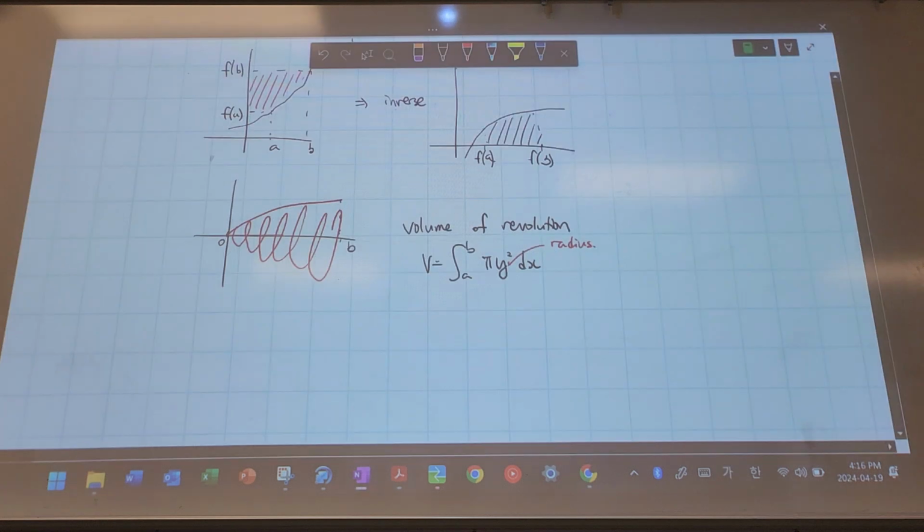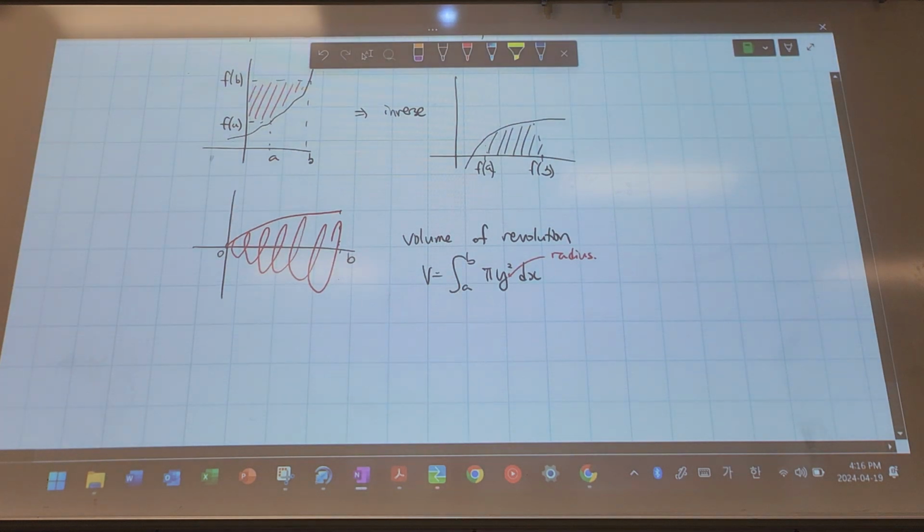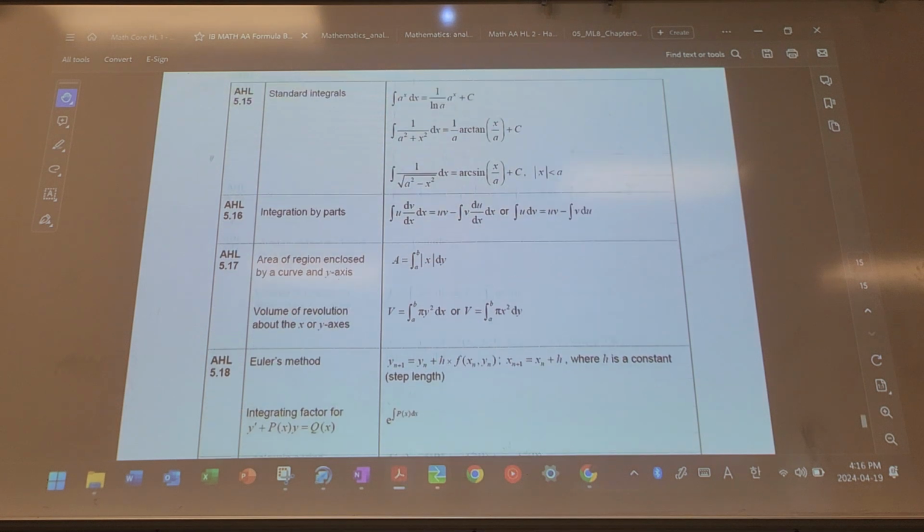In the formula booklet, it says area of region enclosed by a curve and y-axis, and it's like the absolute value of x for some reason. I don't get that. So, what does that mean?